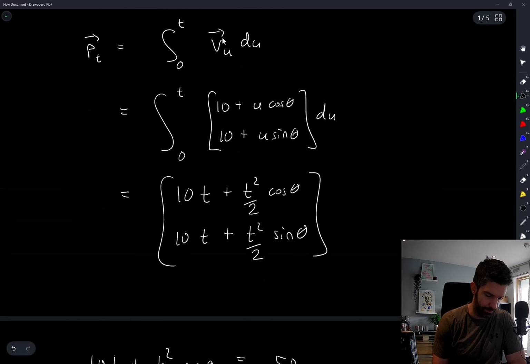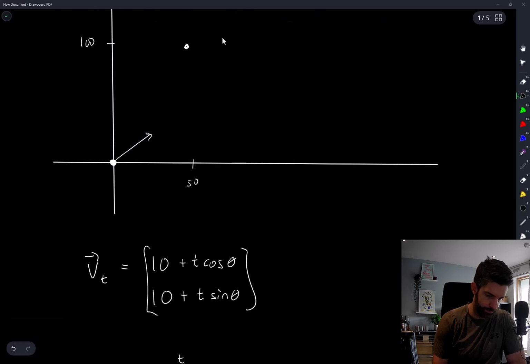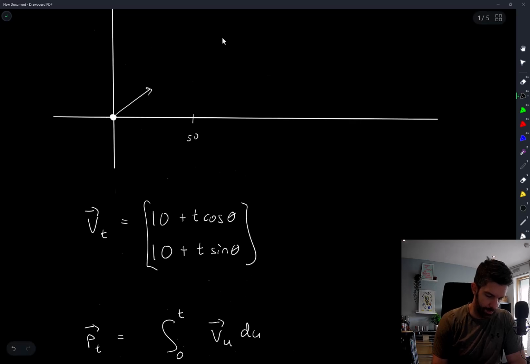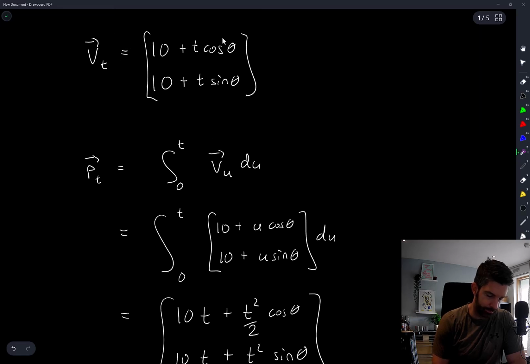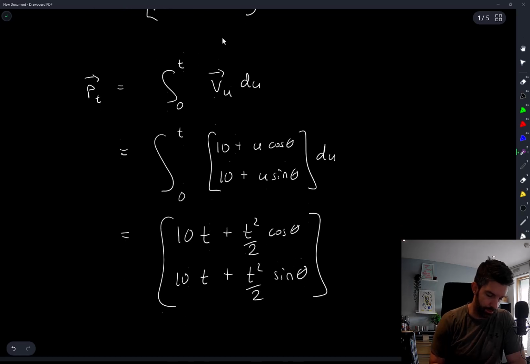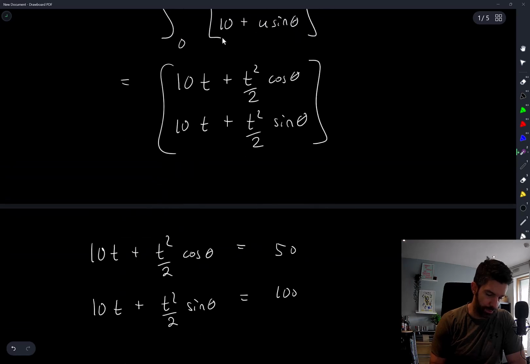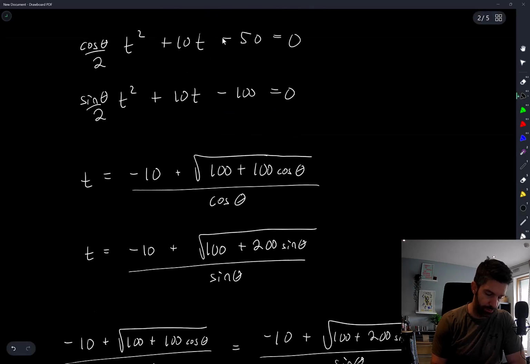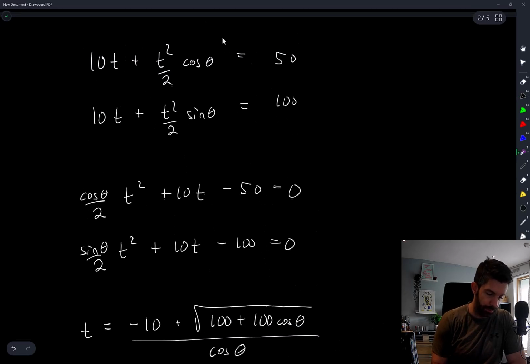Hold on. If theta is equal to pi, then this equation is correct. This is correct. But we don't have a quadratic equation anymore. Technically, my quadratic solutions here rely on those denominators being non-zero.